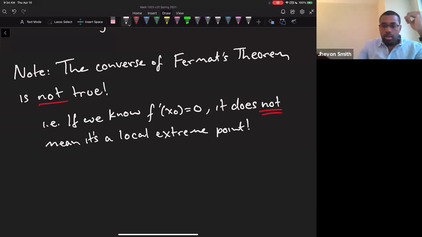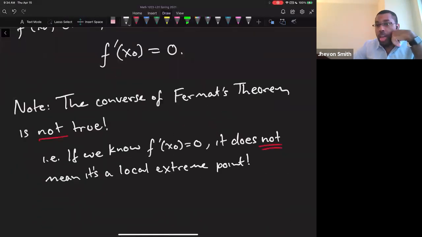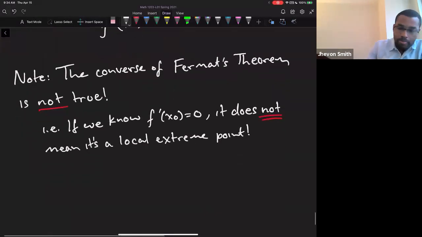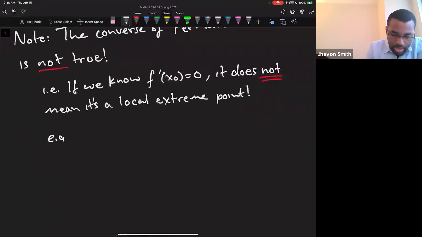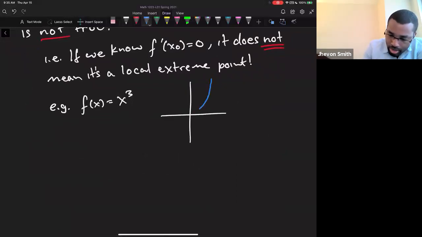Okay. If we know it's a local max or min and the derivative exists, then the derivative must be 0. If someone told me the derivative is 0, they're not telling me anything. I do not know if it's a max or min. I can even give you an example. Look at f of x equals x cubed. We know that this guy has no local max or min, right? This is the graph right here for x cubed.